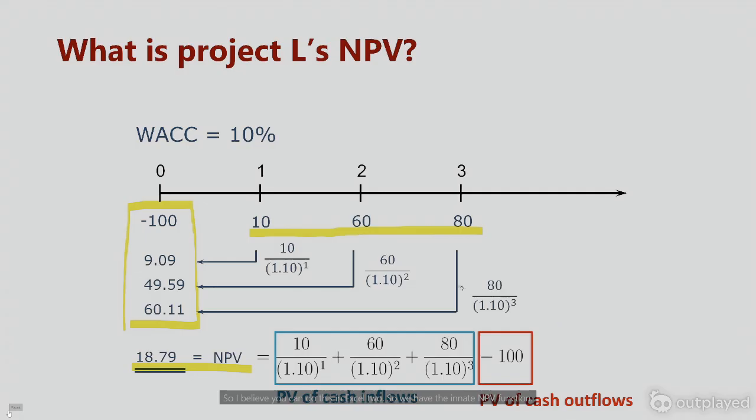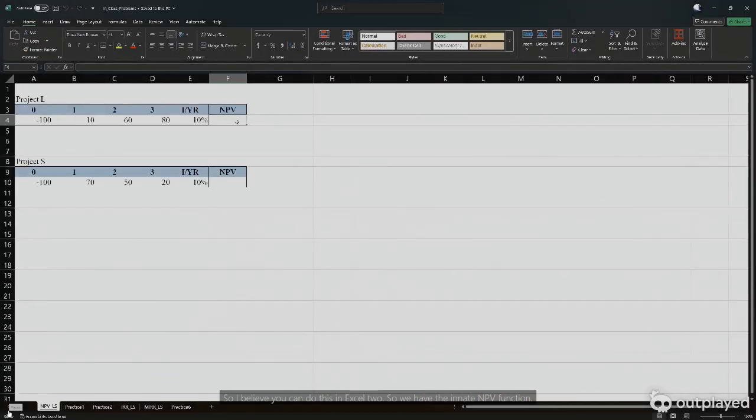I believe you can do this in Excel too, since we have the NPV function. Once you run that function, the first input Excel asks for is the interest rate, 10%, and then you type in all the potential cash inflows as your inputs. One thing to be careful about is that the NPV function will discount those cash flows at 10% for you.